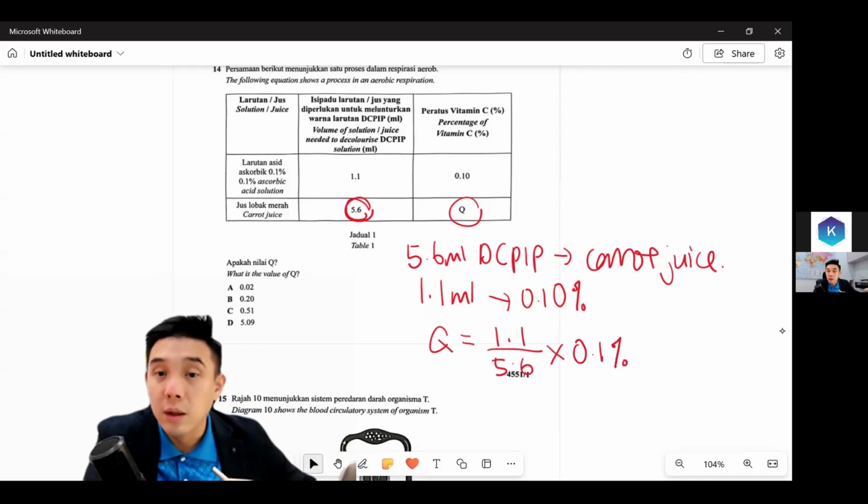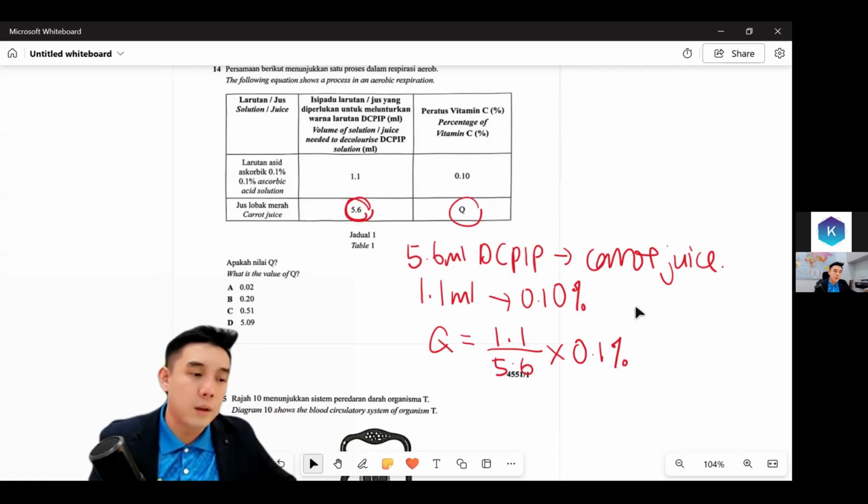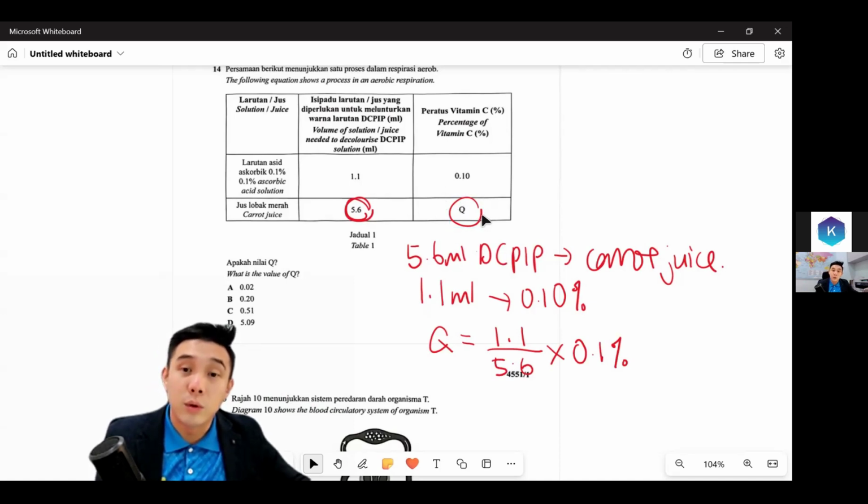Because we want to know what's the percentage of the vitamin C here. So it has to be 1.1 over 5.6 times 0.1.